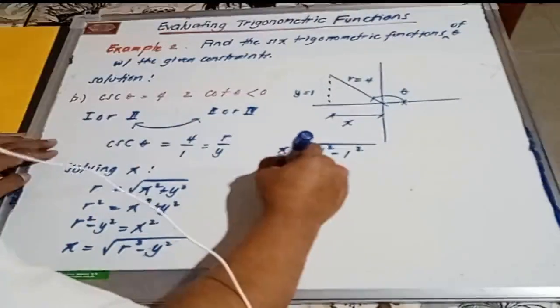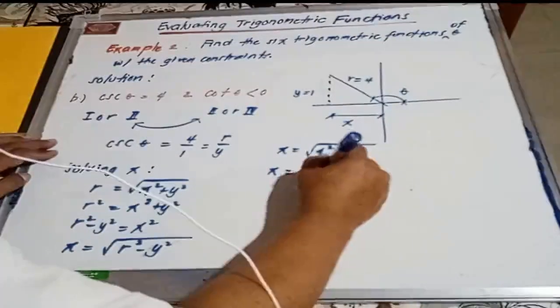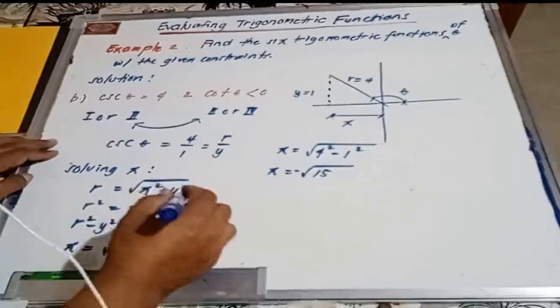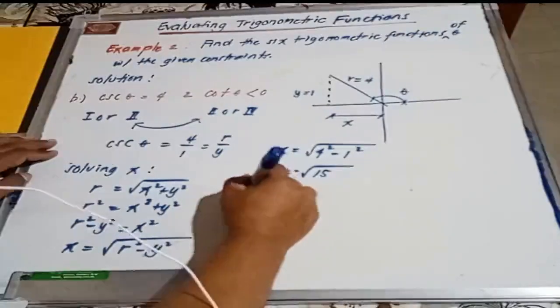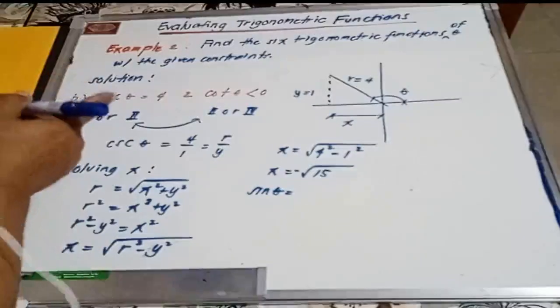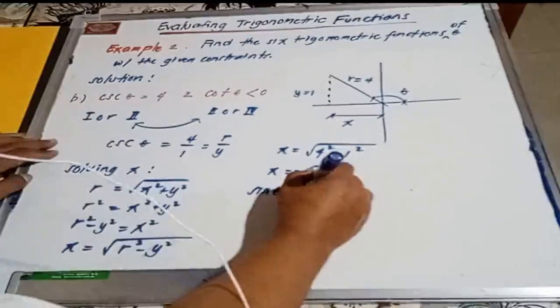Therefore, x equals square root of 4 squared minus y squared, y is 1. So, x equals square root of 16 minus 1, square root of 15. So, negative ang gagamitin natin kasi nasa second quadrant. Kunin natin yung 6 trigonometric functions starting with sine theta. Anong sine? Opposite over hypotenuse. So, 1 over 4.